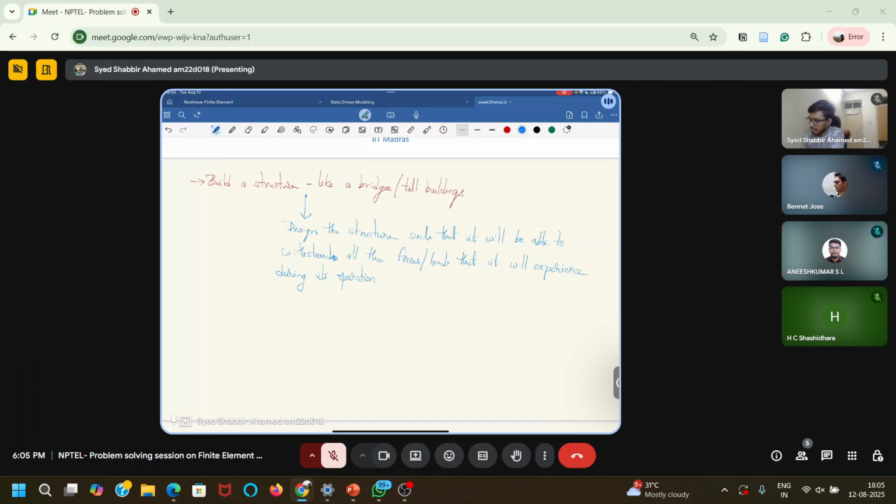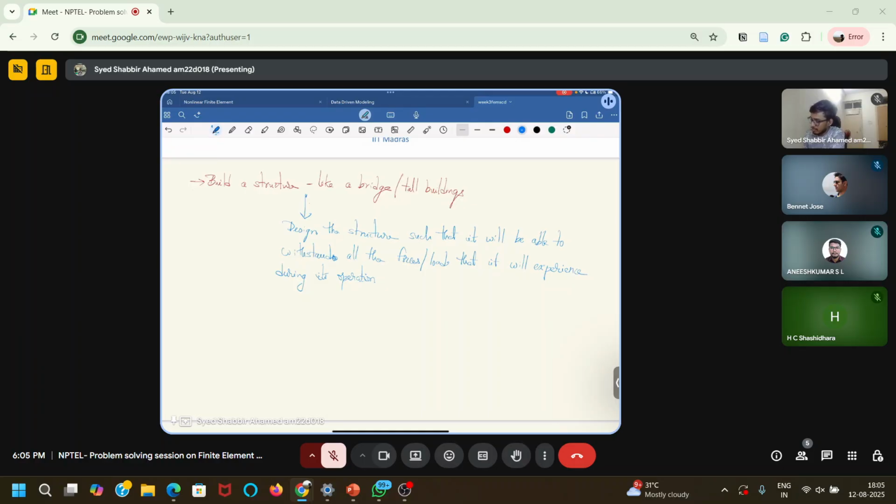And if it is a building, we'll design it for different categories. Maybe if it is a commercial building, this many people will come, and you estimate the load. So after estimating the load, you try to design a structure.